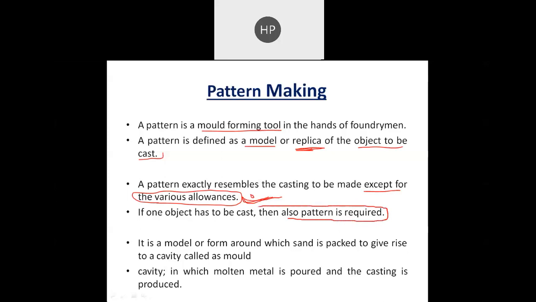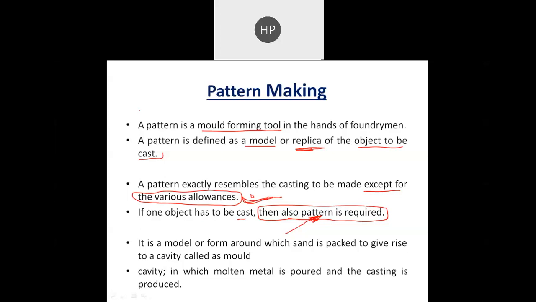If you want to make a product by casting, you must prepare a pattern. Without a pattern, you cannot do the casting process. That's why it is the first and foremost step of casting. Without a pattern, you cannot produce any casting, so it is a very important component of the casting process.